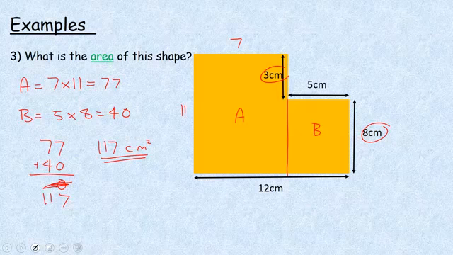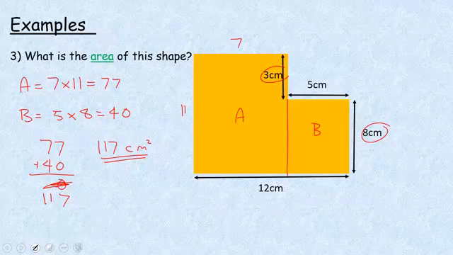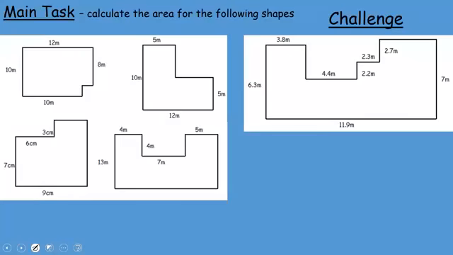Okay, so there's our 3 examples. Now, side heading, main task. We've got 4 in our main task. We've also got a challenge, which is very difficult, but if you take some time, you should be able to do it. It's a lot in there, so it's just going to take a little bit of perseverance, really.